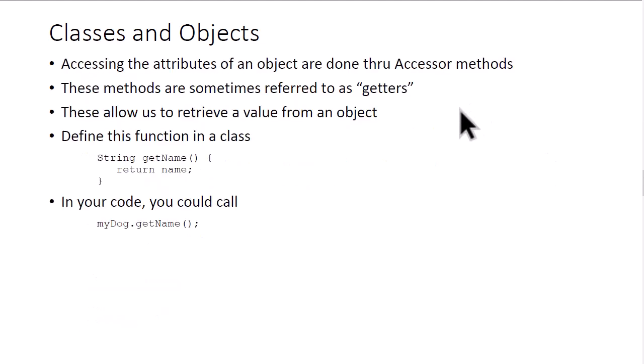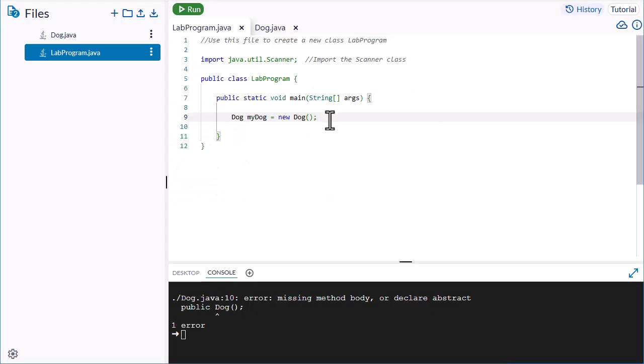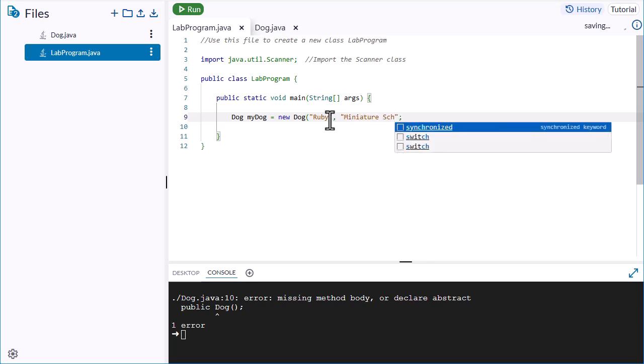So let's take a look at what that looks like in our code, in our zyBooks. And we will give it a name, a breed, Schnauzer, and yes, this is my dog, and fur color is gray.